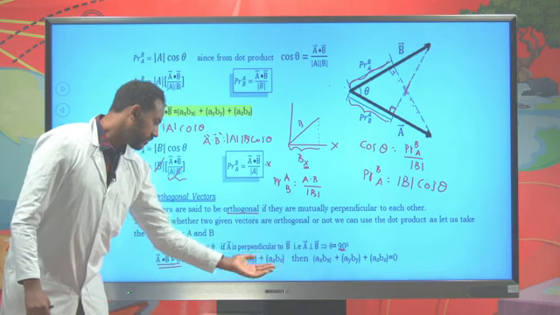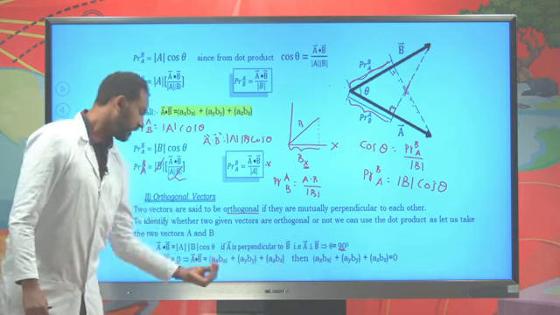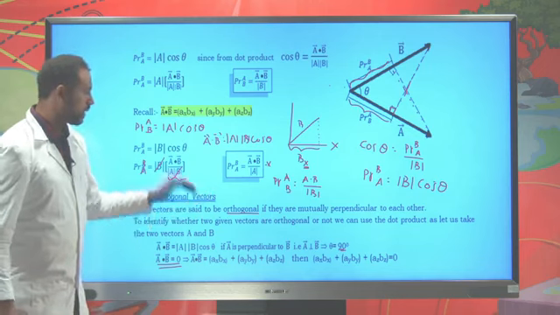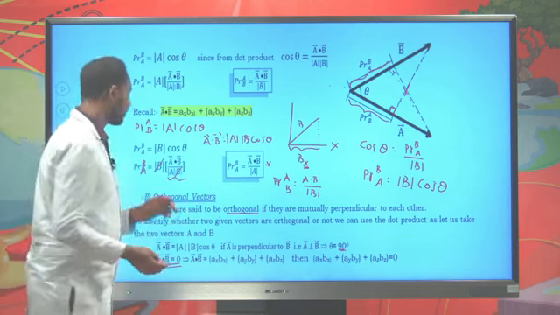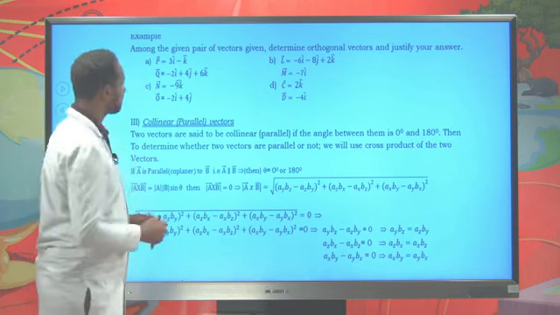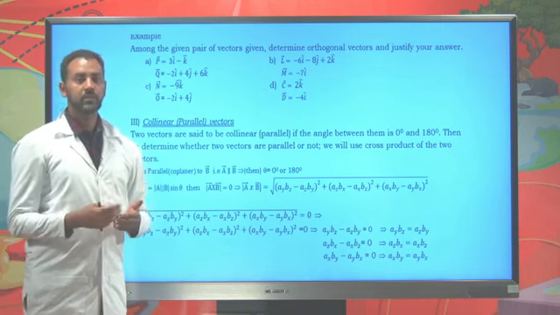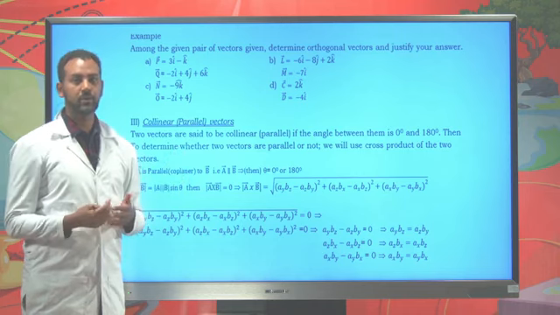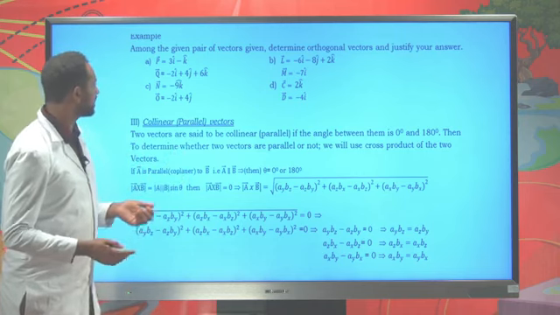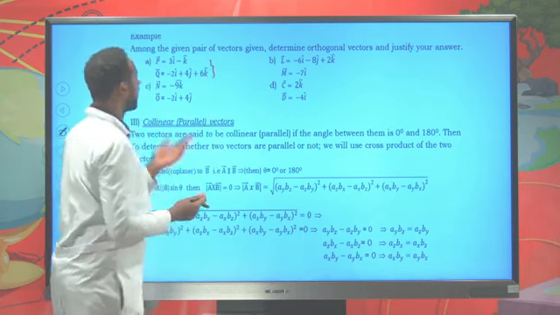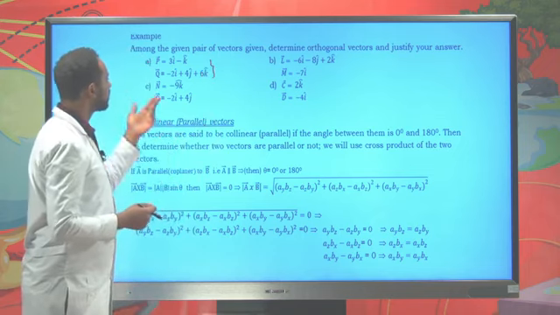When you multiply these, if the resultant gives you 0, then the two vectors are perpendicular to each other, or they are orthogonal vectors. Suppose here, let's try to find whether these pairs of vectors are perpendicular or not. Here you have two vectors. Let's check whether these two vectors are orthogonal or not.